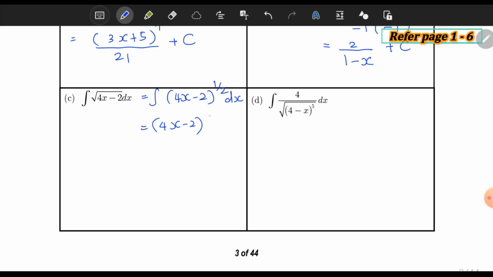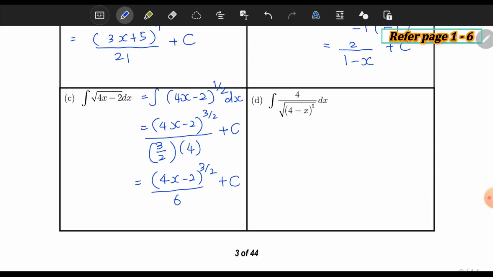Half plus 1 is 3 over 2, over new power 3 over 2. And differentiate the bracket, the function, we have 4 and plus c. Final answer is 3 over 2 times 2, so (4x minus 2) power of 3 over 2 divided by 6 plus c.